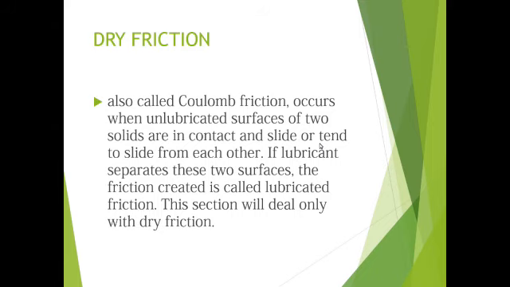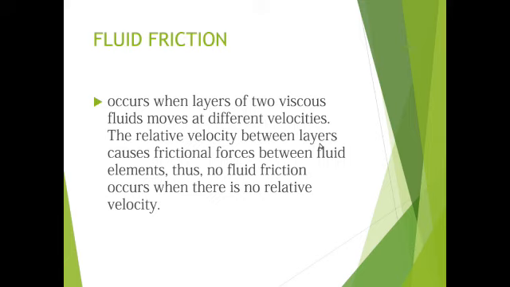Second one, the fluid friction occurs when layers of two viscous fluids move at different velocities. The relative velocity between layers causes frictional force between fluid elements. Thus no fluid friction occurs when there is no relative velocity.